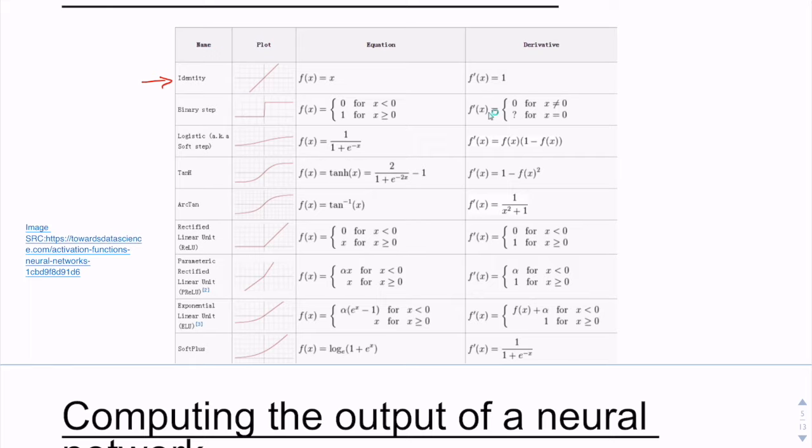But the two most important activation functions used in today's state-of-the-art models are the rectified linear unit, and the logistic, also called soft step, or sometimes the sigmoid activation function.